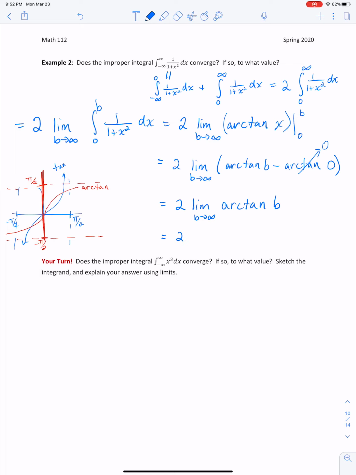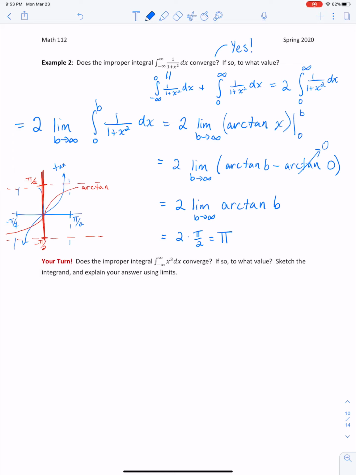So 2 times pi over 2, so we're looking at pi as our answer. And so the answer, does it converge, is yes. To what value? It's pi.